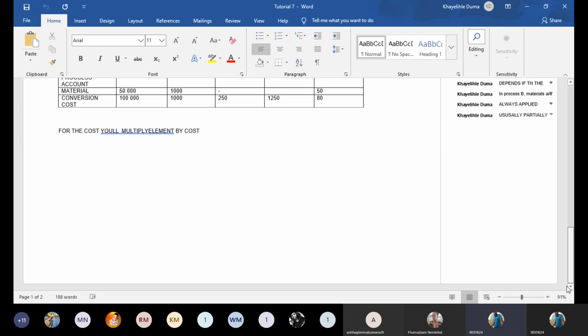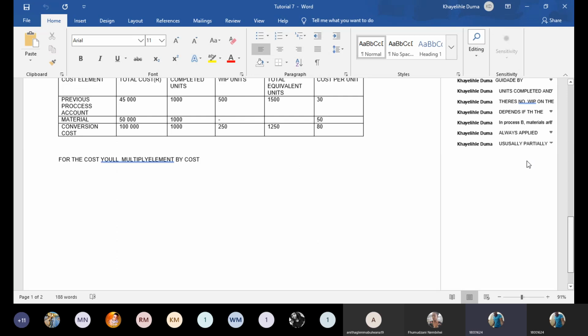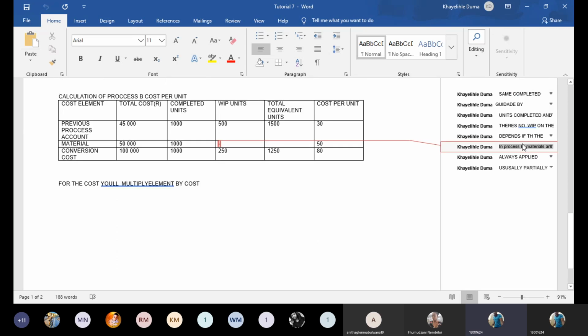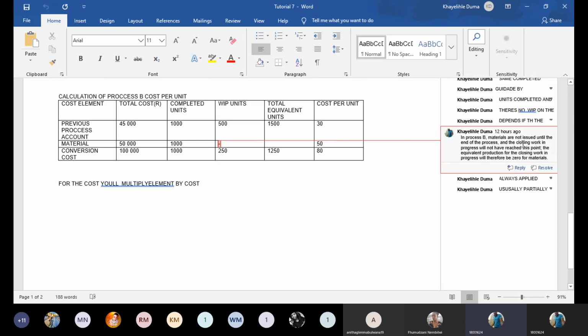It says that in process B, materials are not issued until the end of the process, right? And the closing work in progress will not have reached this point.